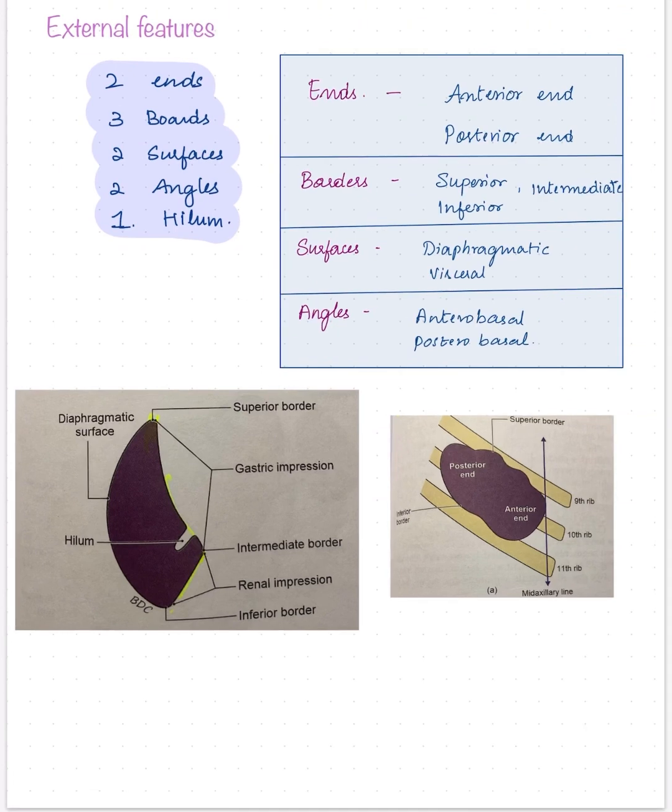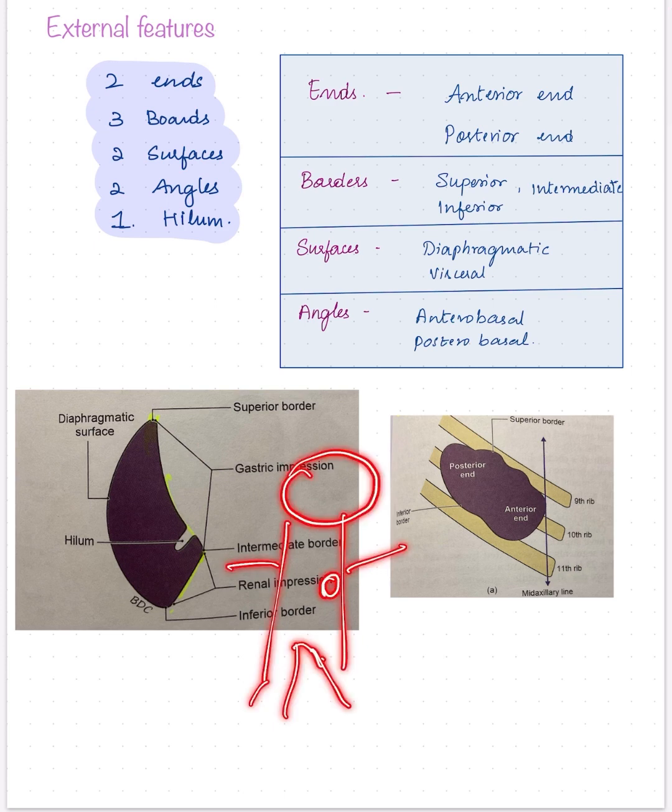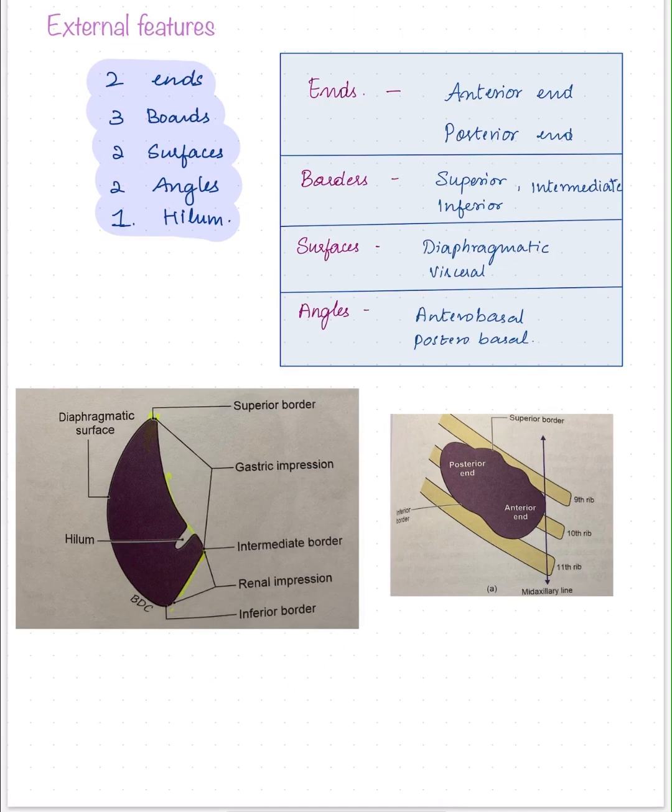Let's say he's a man and he has got a spleen over here and the intermediate border is towards its right. That is what the statement means, right? So next, the borders: we have the superior border, intermediate border and the inferior border.